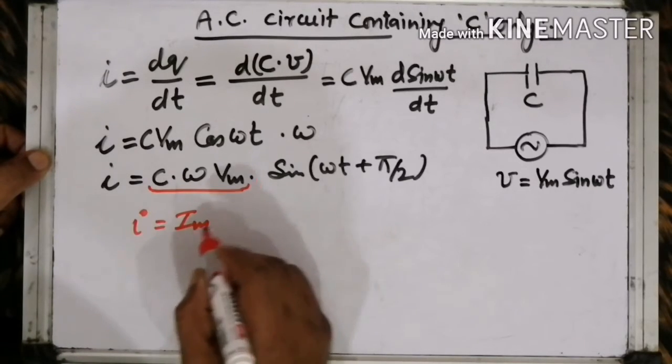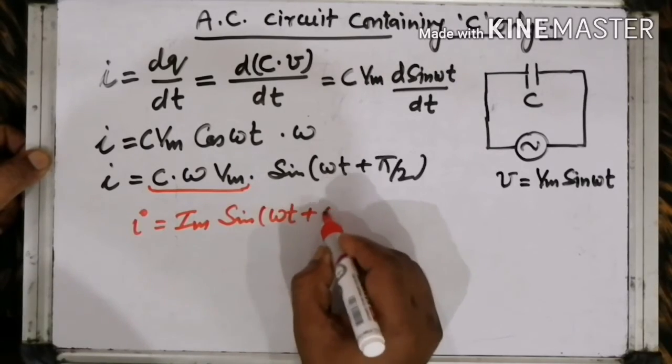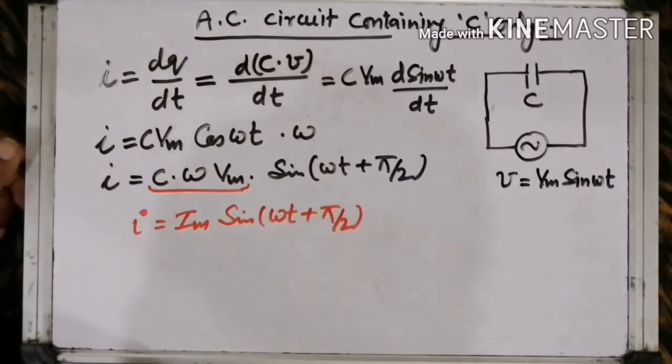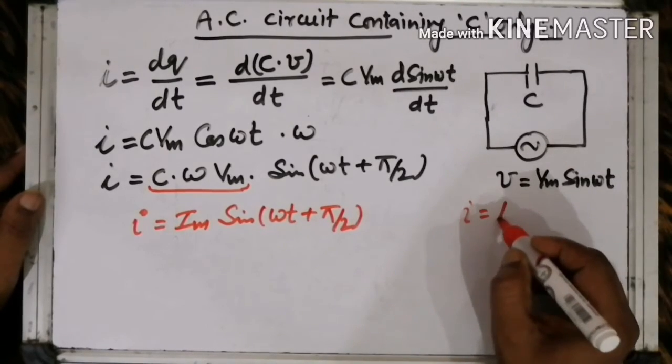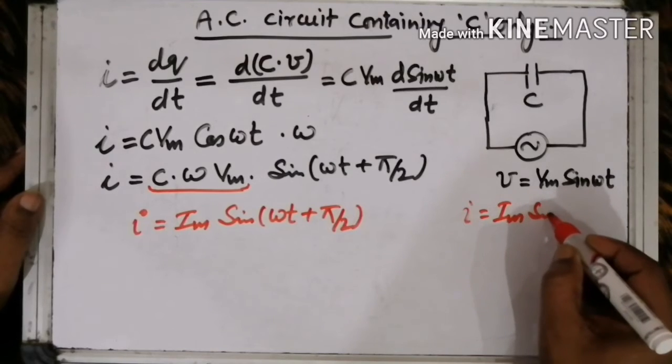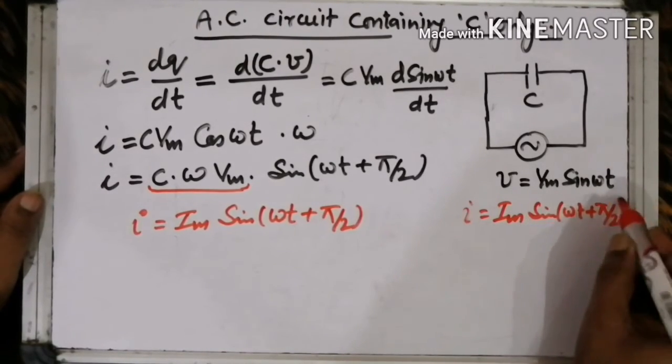So current I is equal to I maximum sin omega t plus pi by 2.